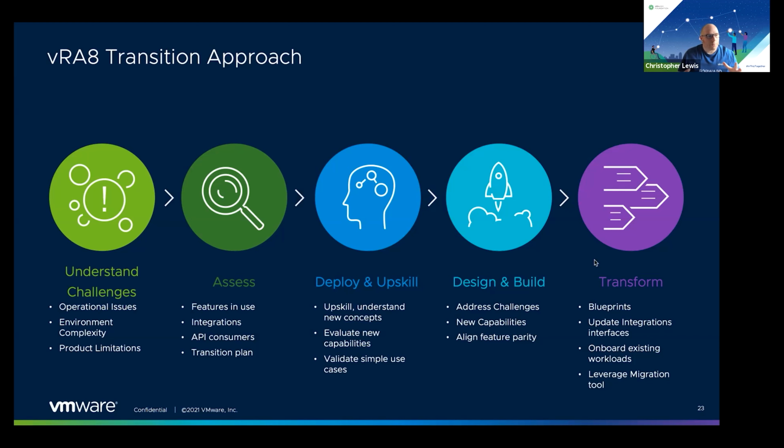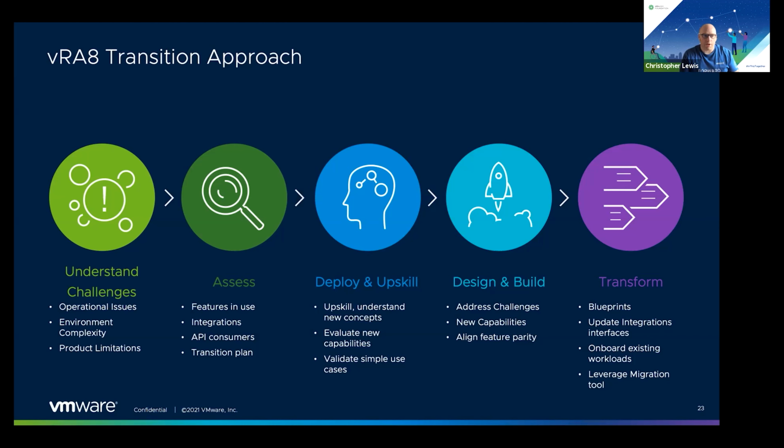Okay, when we're looking at a transition approach, it's really important to understand where you are and decide: am I having problems with vRealize Automation or the deployments, and what limitations am I hitting? Have I had to do lots of extensibility to work around things in vRealize Automation 7?